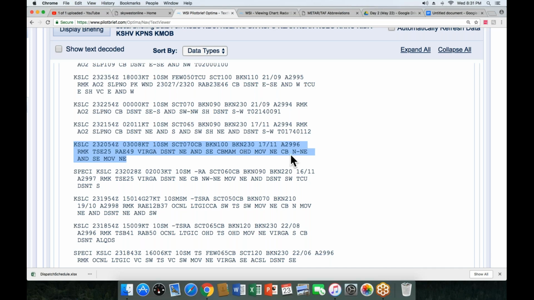So there's a cell that's northeast and a cell that's southeast that are moving northeast. So here's the airport. There's a cell to the northeast and a cell to the southeast, and they're moving in this direction.